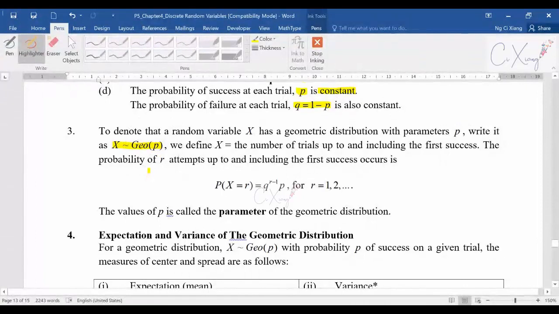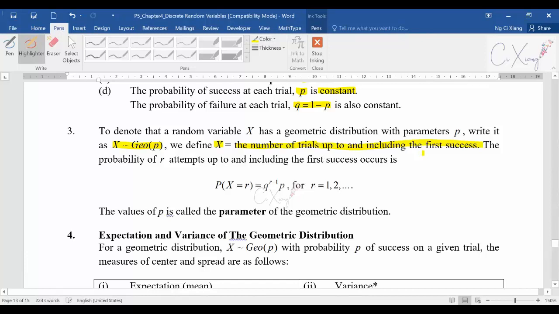For binomial, we have two parameters, n and p. For geometric, the standard one has only one parameter, which is p. And what is the meaning of X? The definition of X is the number of trials up to and including the first success. This is usually the keyword or the sentence that you can look for when it is a geometric distribution. This is a sentence that you need to know.